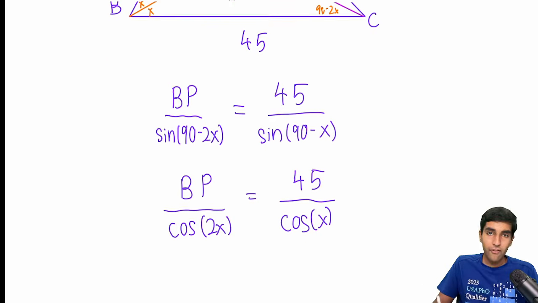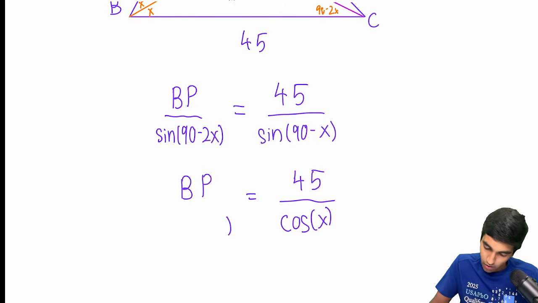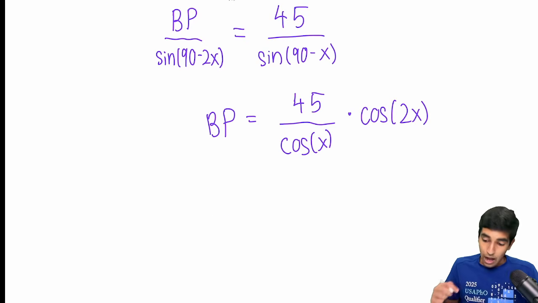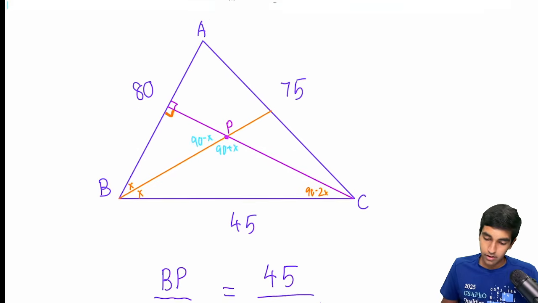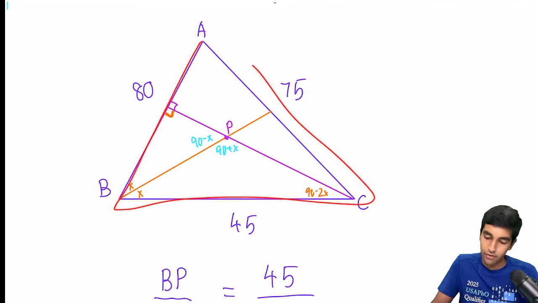So if we can somehow find cosine 2x and cosine x, then we're just done, because then we can easily solve. Let's move times cosine 2x to this side, and so this is our expression now. How do we find cosine of x? Cosine 2x? It's the law of cosines.